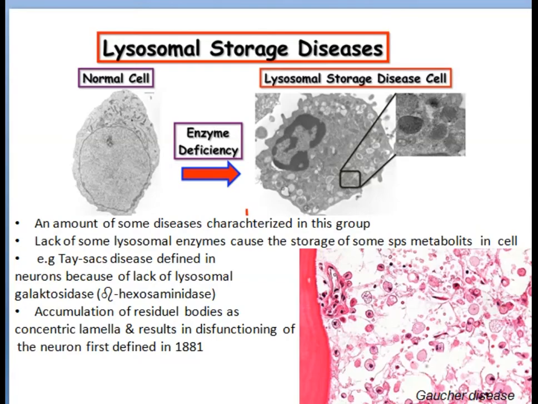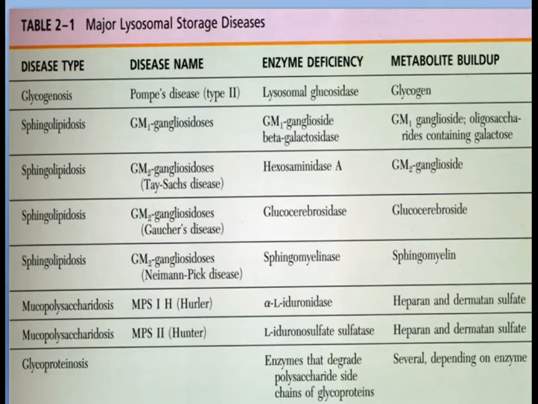Then we look at the disease type glycogenosis, Pompe's disease. Here there is a deficiency of lysosomal glycosidase, and the metabolic buildup is glycogen. Because of the deficiency of the glycosidase, glycogen will be stored.